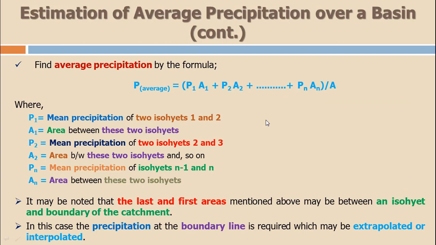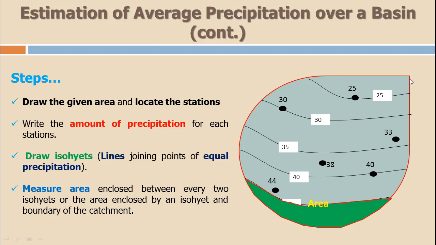Now here are 2 points. It may be noted that the last and first areas mentioned above may be between an isohyete and the boundary of the catchment, as already discussed. In this case, the precipitation at the boundary line is required, which may be extrapolated or interpolated. The precipitation at the boundary line is not known.